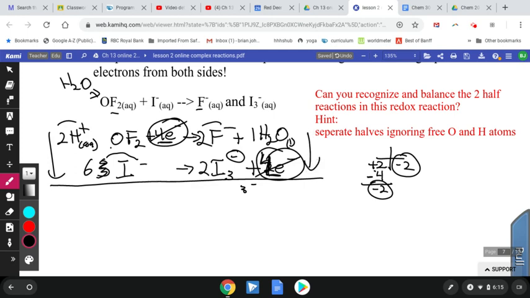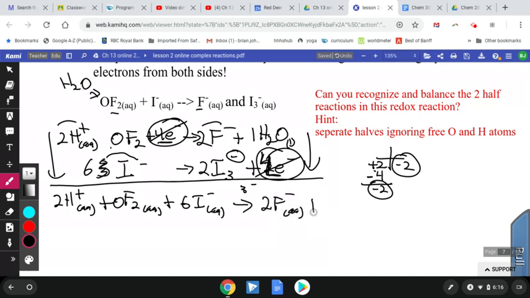This is sort of like Hess's law in enthalpy when you're adding individual reactions together. Whatever's on the left side, the reactant side, just carries down. And there it is, a balanced complex redox reaction.